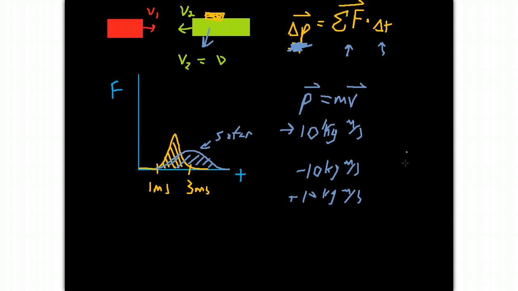So if you have an object with negative 10 kilogram meters per second worth of momentum, you need a force that's in the positive direction to stop it. Say 10 newtons over 1 second would stop it. On the other hand, if you have an object with a plus 10 kilogram meters per second momentum, then it's going to require a negative force, say of 5 newtons for 2 seconds, in order to bring it to rest.